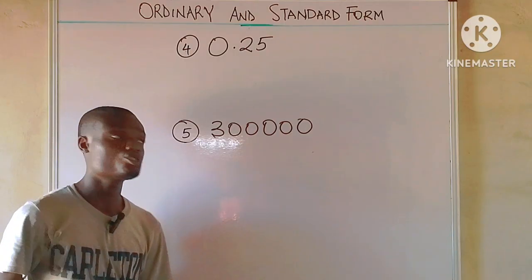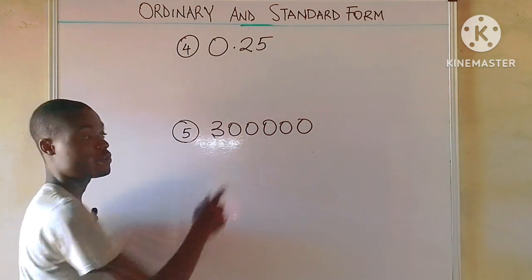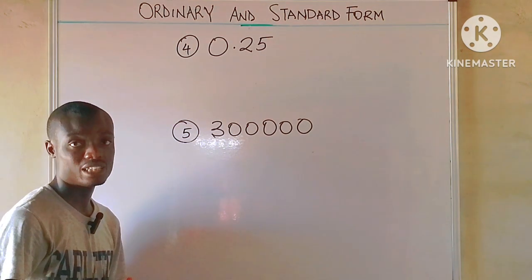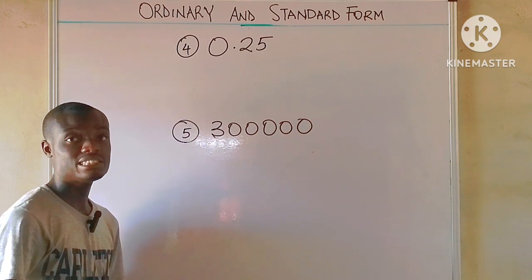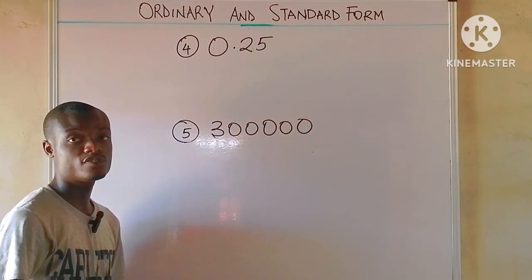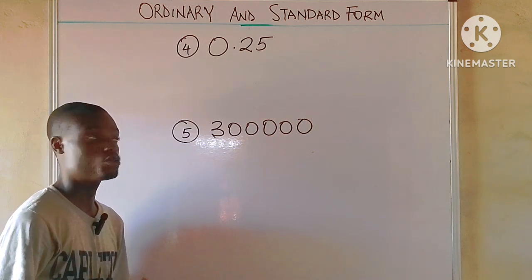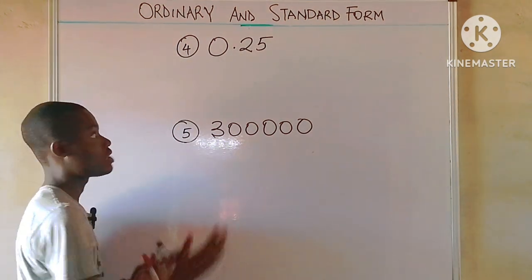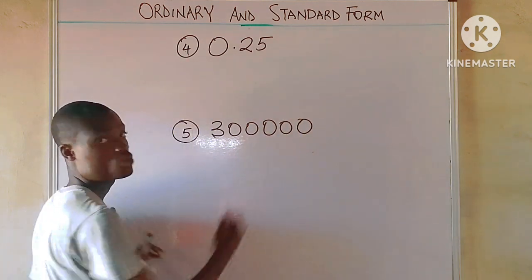In these additional questions, we are going to convert these numbers from ordinary form to standard form. Recall, a is a number between 1 to 9, and n is determined by the number of times you move your decimal point, and from where you moved it and to where you are moving that point to. So in this case, 0 is not a number between 1 to 9. So I'm going to move this decimal point to the right.